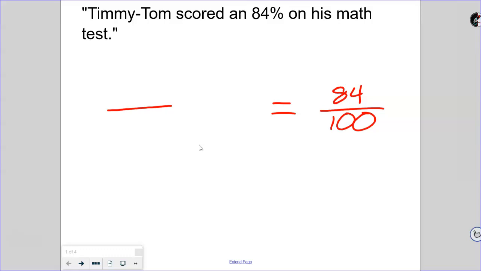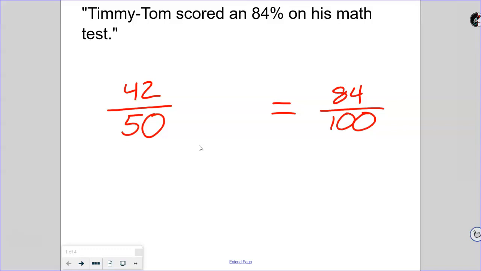So what does that mean? That means that I could actually come up with hypothetical scores. If he scored an 84%, if I take both of those numbers and split them in half, or divide them by 2, that means that maybe he scored a 42 out of 50 on his test, because 42 out of 50 is equivalent to 84 out of 100.